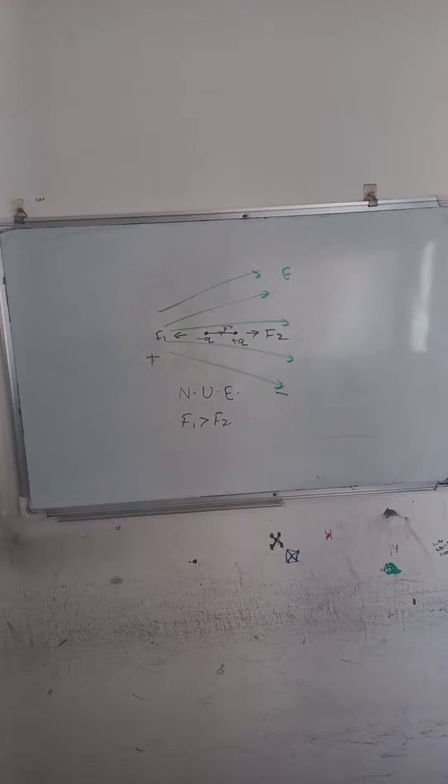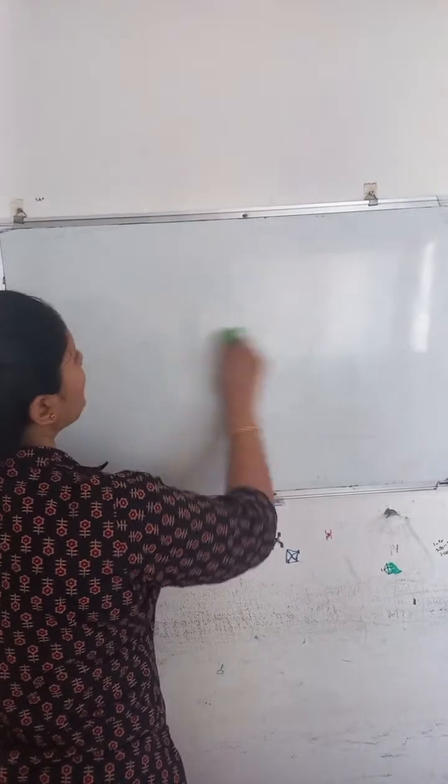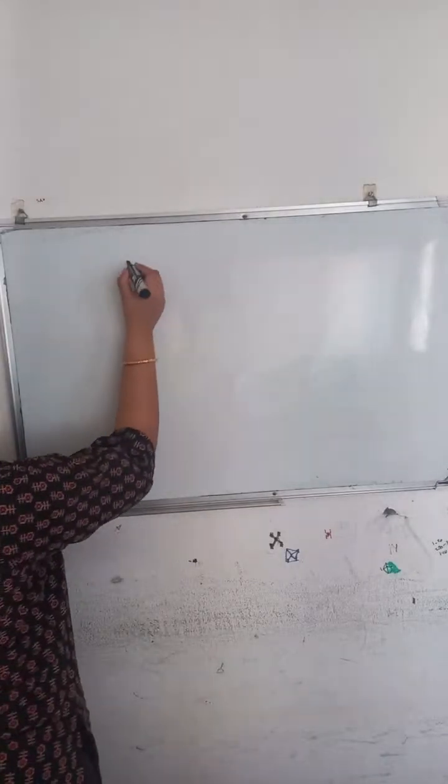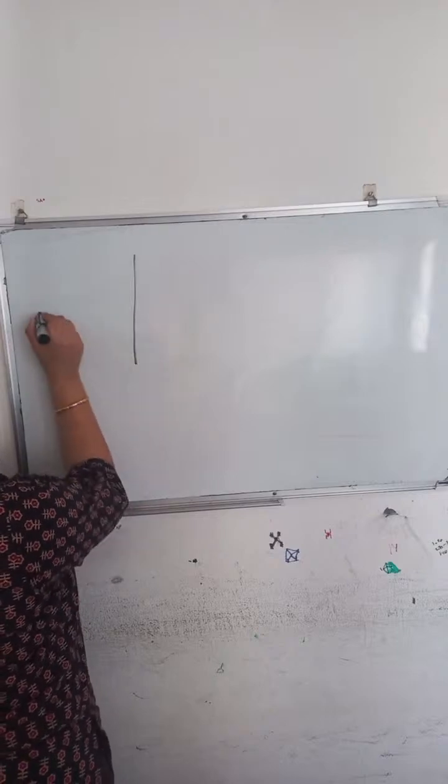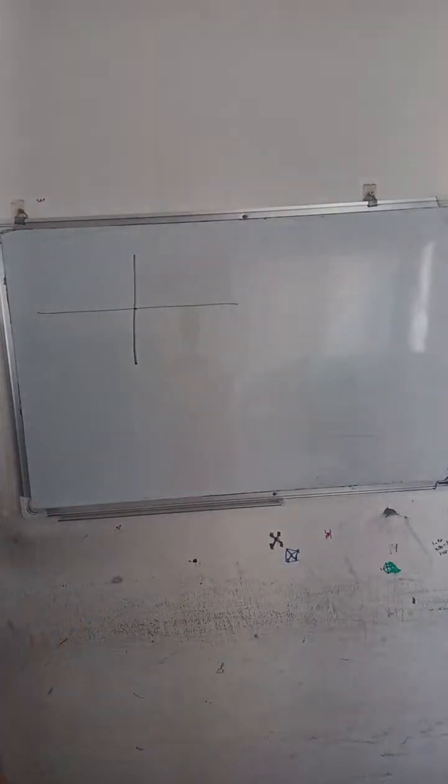Q2 and Q3 are very small, and the figures are given clearly. I will draw the figure, then you can read the question once and then I will explain this. Very important question, a very conceptual question. It is on NCERT exemplar, the very first question on the first page of this chapter.